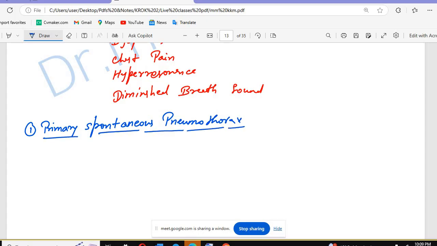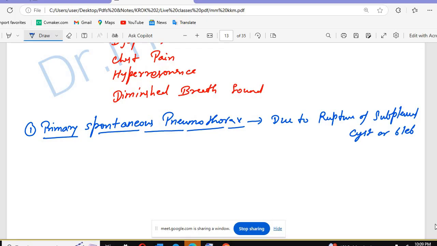Okay, primary spontaneous pneumothorax. If you're talking about primary spontaneous pneumothorax, it occurs due to rupture of any subpleural cyst or bleb. A cyst means an air-filled space, an air-filled cavity. Why do we call this primary?